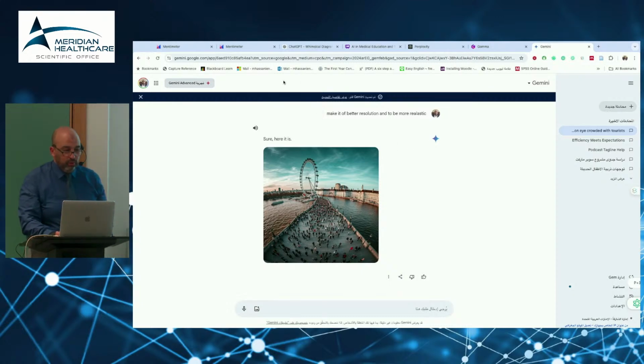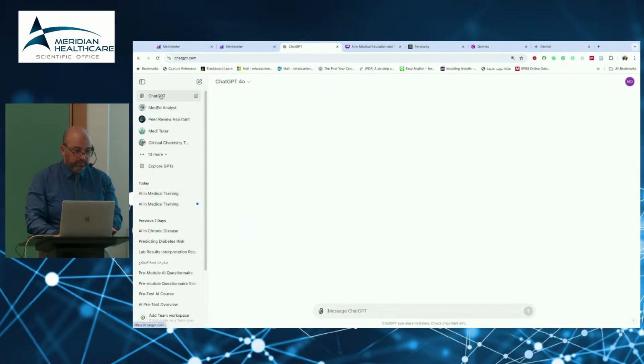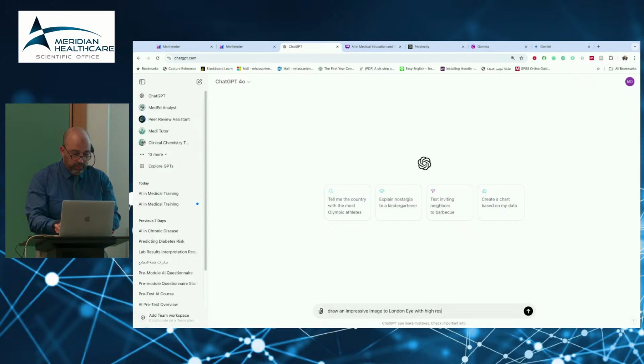Okay, let's go to ChatGPT, which is ChatGPT 4, and ask it: draw an impressive image to London, with, as I learned from you, high resolution and to be realistic.